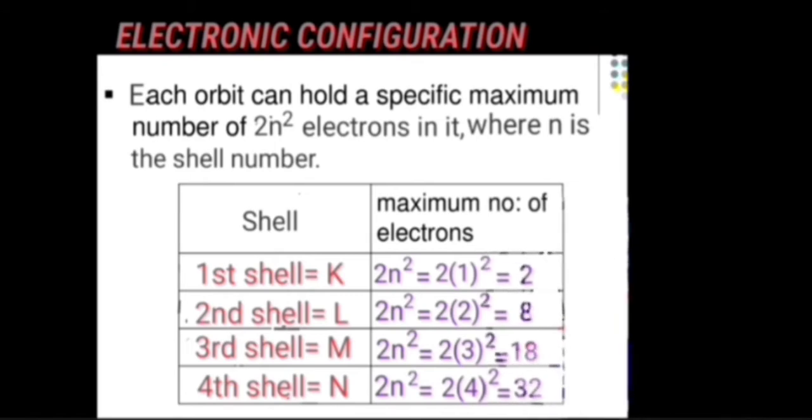The second shell L, here n will be 2, so the maximum number of electrons that can be accommodated here is 8. In the third shell, same formula 2n square, so n is equal to 3. Hence 18 electrons can be accommodated, and similarly in the N shell 32 electrons can be accommodated.